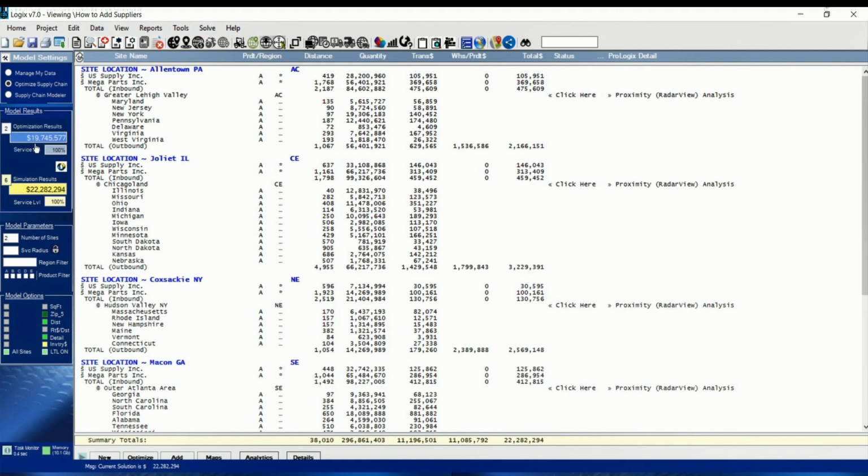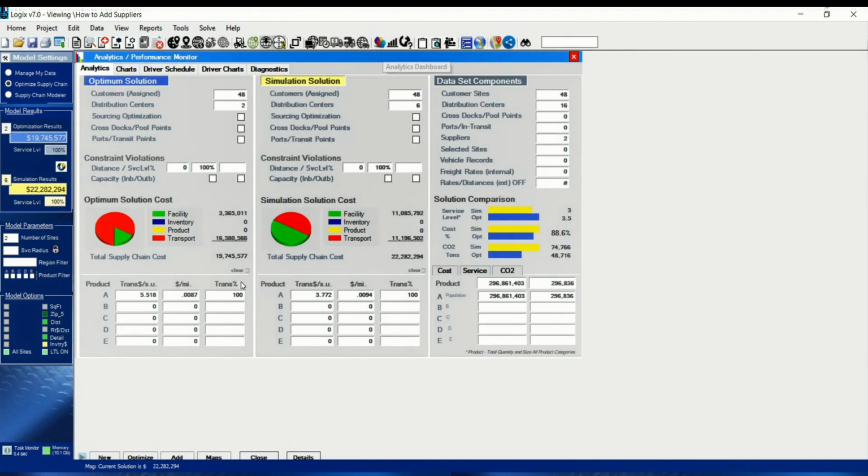So now when we're comparing the optimum results to the simulation results and displaying the analytics, now we have our inbound and our outbound represented in the solution. So we have an 11.4% reduction in cost overall for our supply chain.